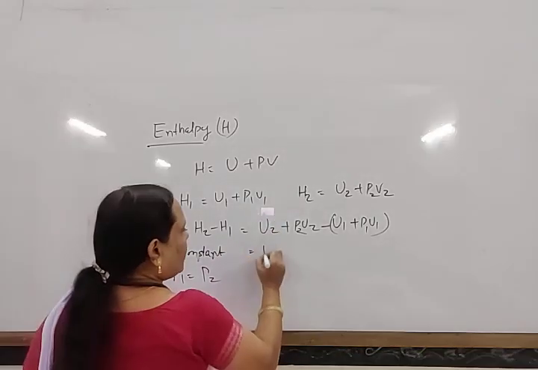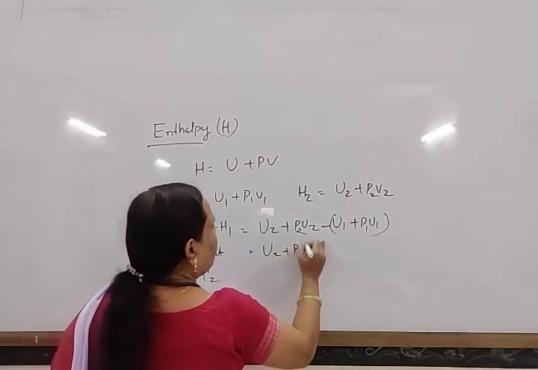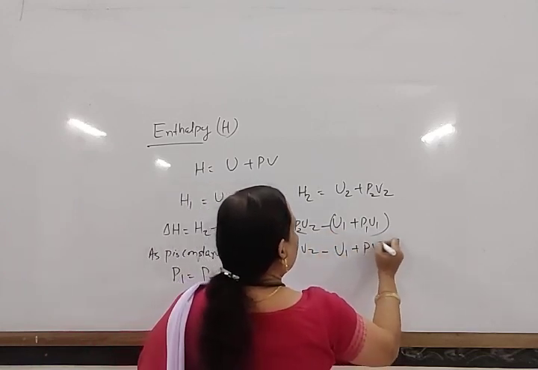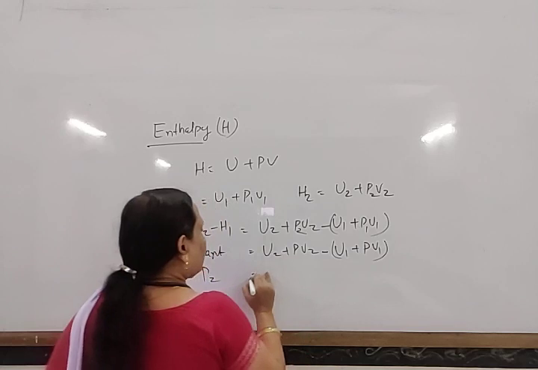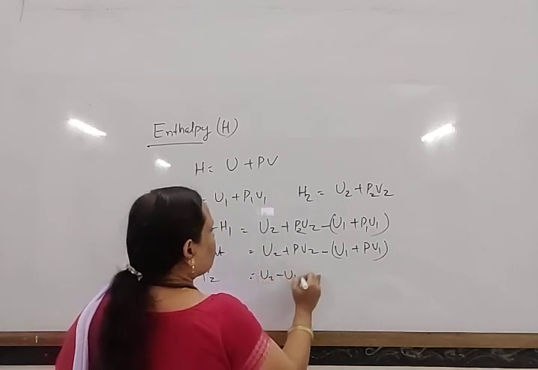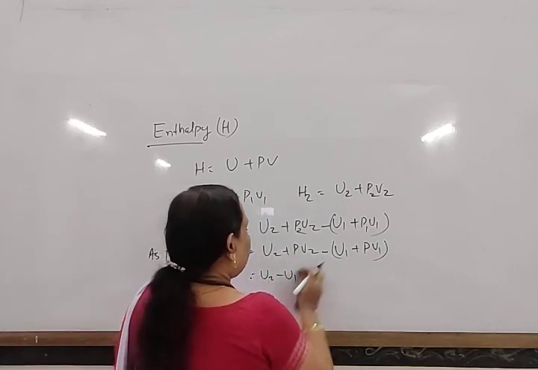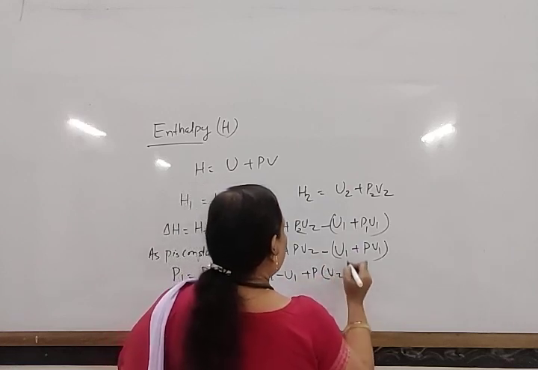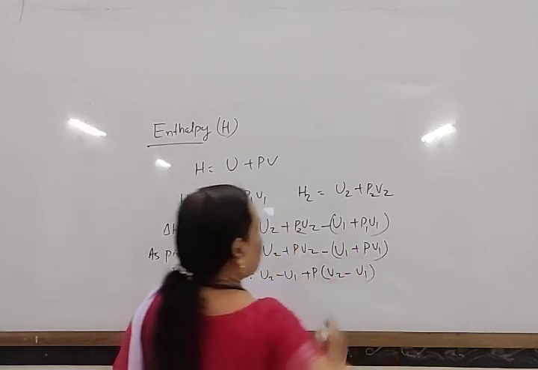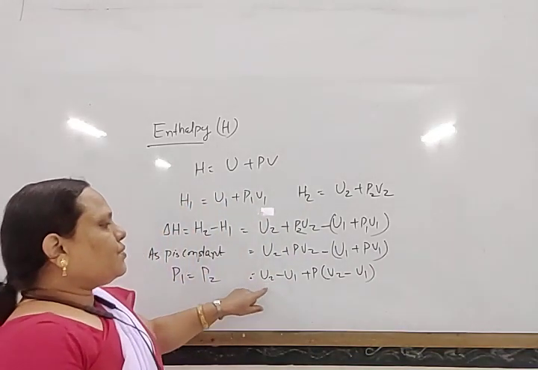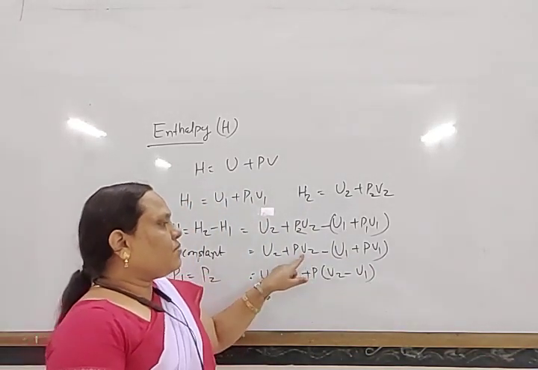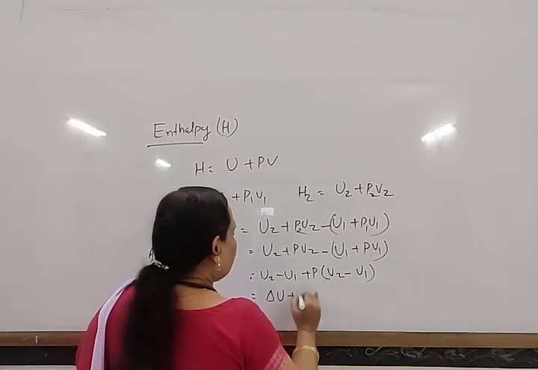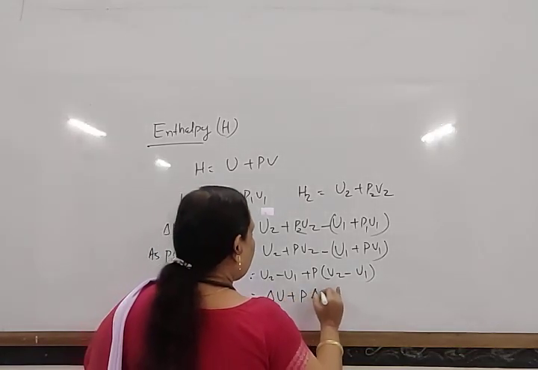So here we can write U2 plus PV2 minus U1 plus PV1. Or you can write U2 minus U1 plus P taking common, V2 minus V1. Or you can write del U plus P del V.